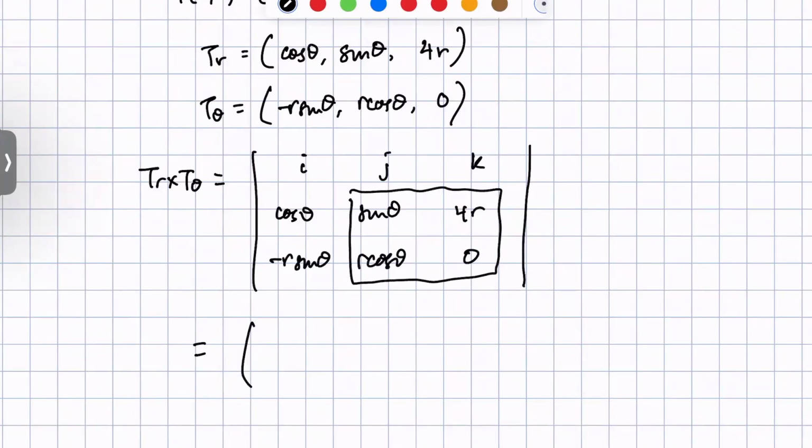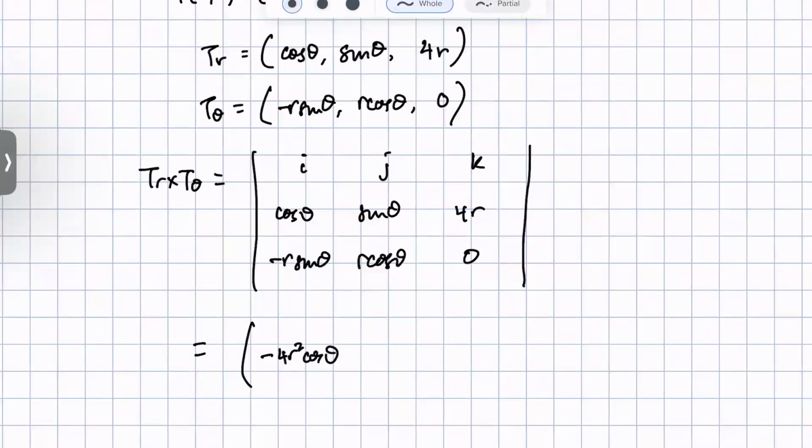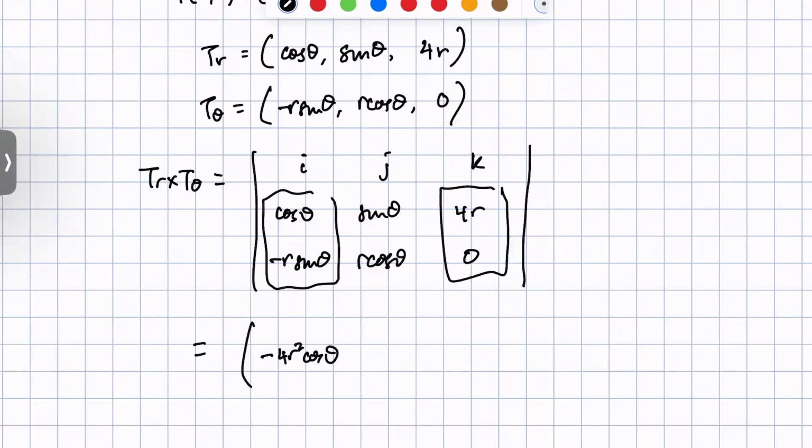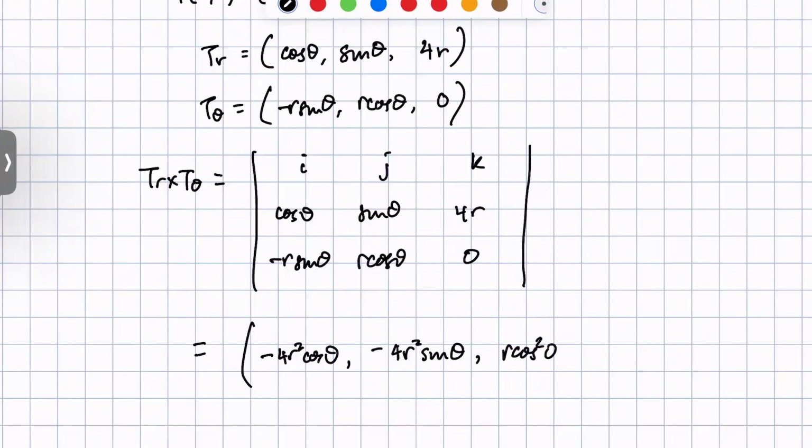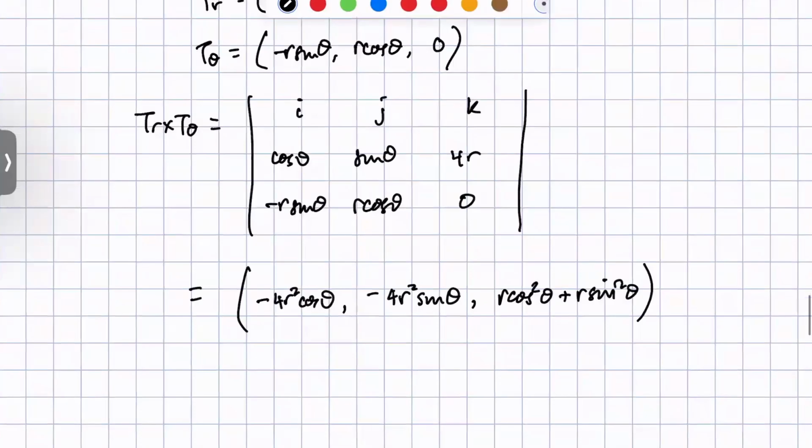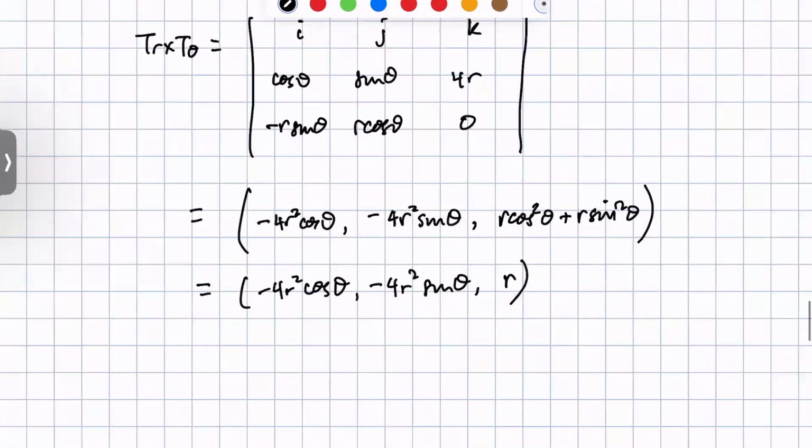If you take the determinant of it, you get a minus 4r squared cosine theta. The j term is here, right? I have three negatives, a negative 4r squared sine theta. And here at the end, I have r cosine squared theta plus r sine squared theta, and that is just r. Just factor out r, and then the rest is 1. So I just get r there.